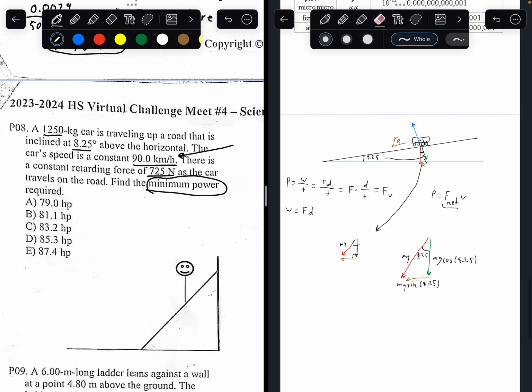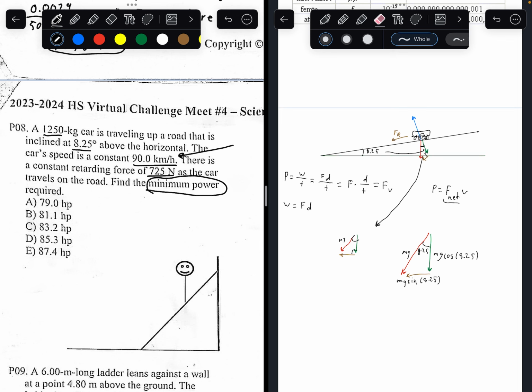So, we know that the normal force, the blue line, cancels out with the green line because they're equal and in opposite directions. So we can erase weight because weight is broken down into components, and we can erase the green line and the blue line because they cancel each other out.